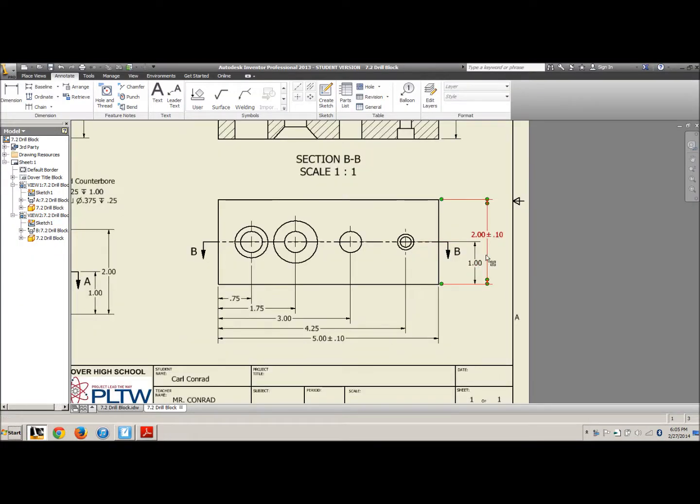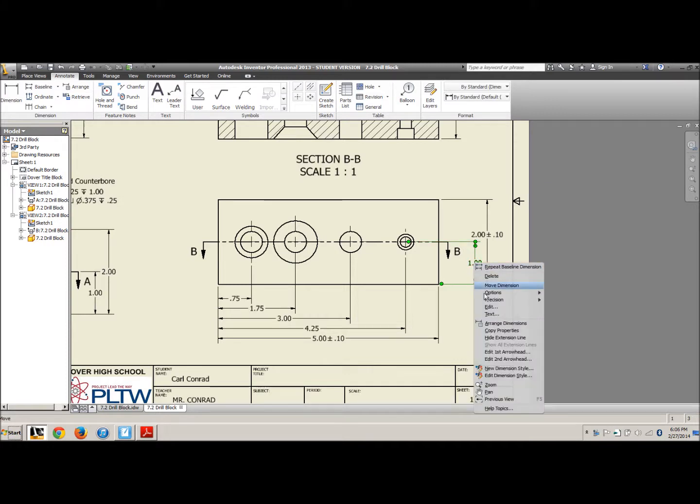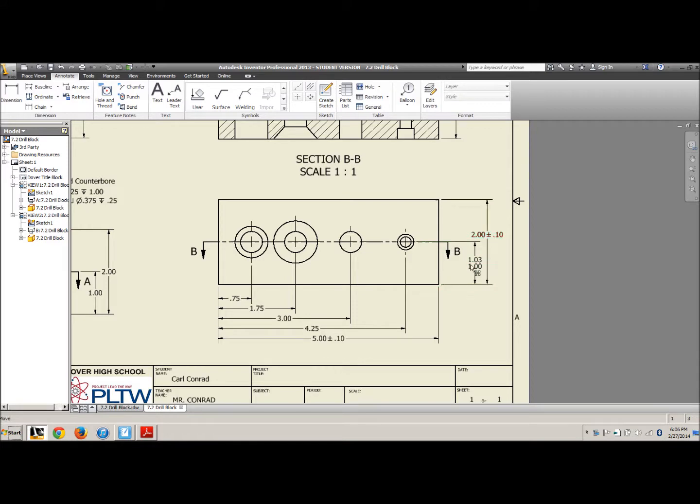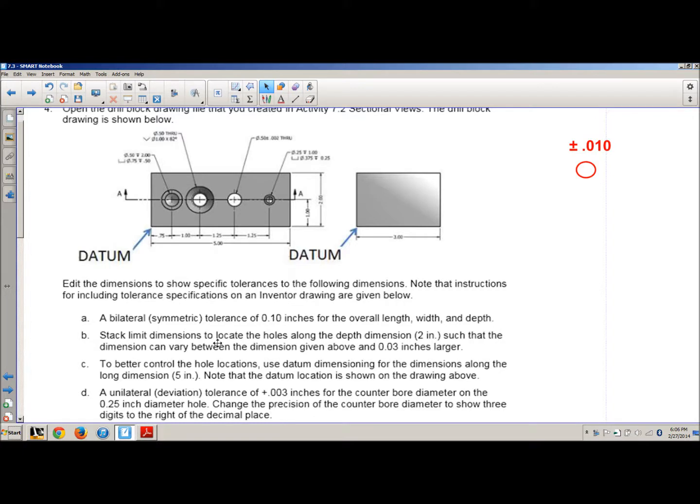Okay, same way we did that, we're going to right click that, edit the text, edit there, and it's going to be a stacked limit, and the upper can vary and go up to 1.03. Okay, so there's our limit dimension. And we already did the baseline dimension.